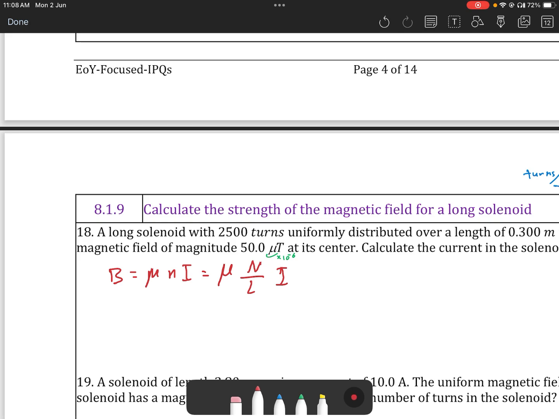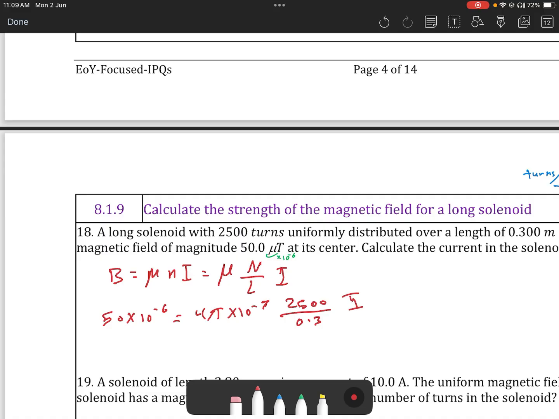Now, B is given, so it's 50 times 10 power negative 6. That's equal to mu, which is 4 pi times 10 power negative 7, times the number of turns, 2500, over the length, which is 0.3, multiplied by I. Now, what is I? I is unknown.